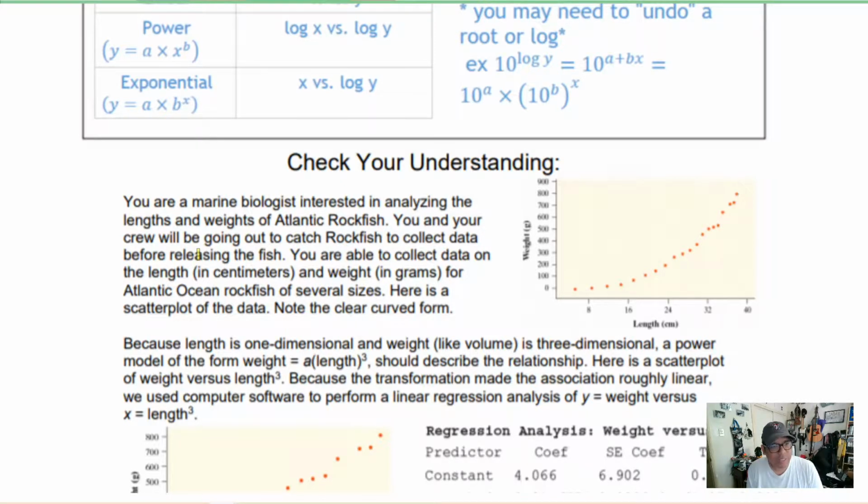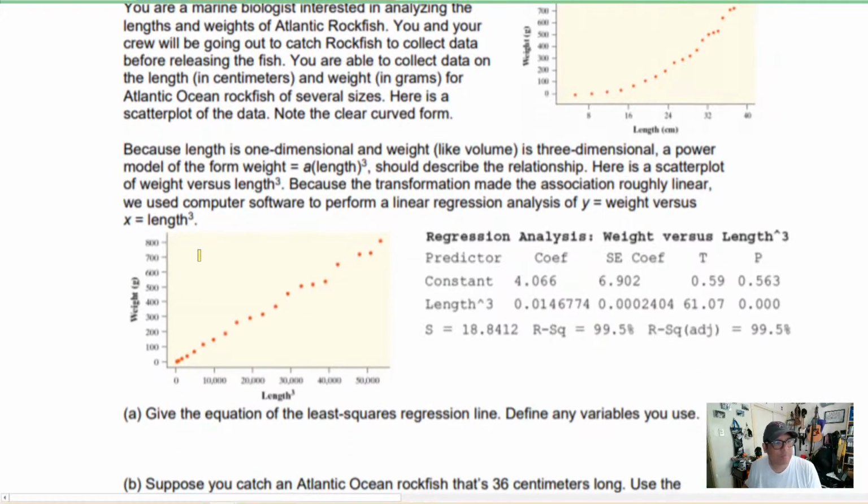And here is a scatter plot of the data. Note the clear curved form. All right. Because length is one-dimensional and weight, like volume, is three-dimensional, a power model, weight equals a times length to the third power, should be used to describe the relationship.